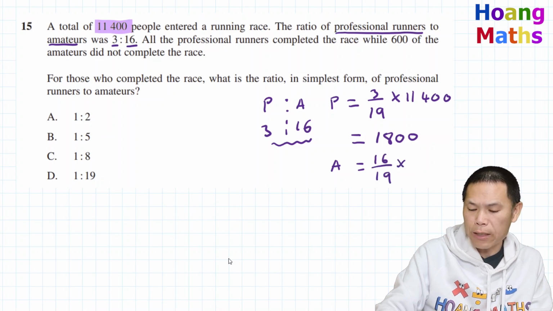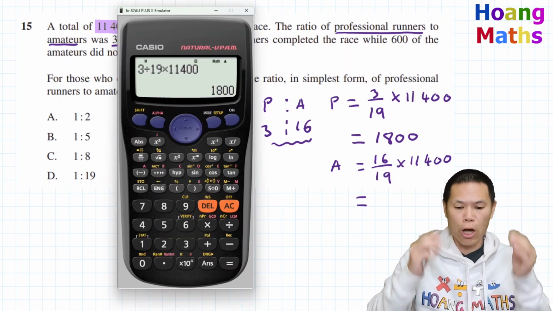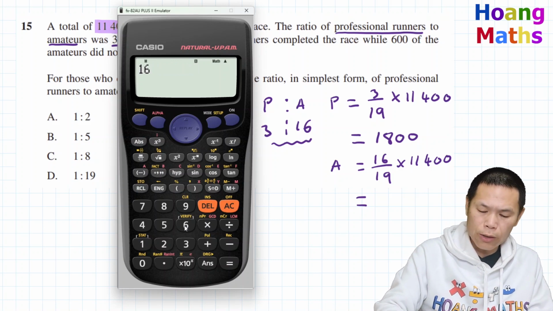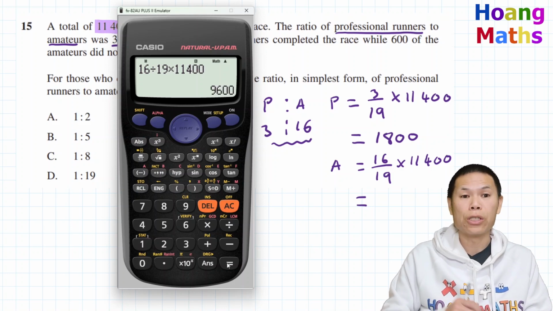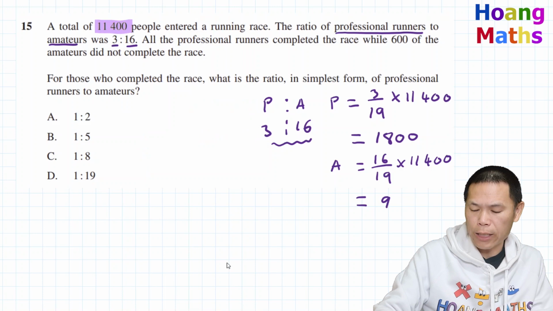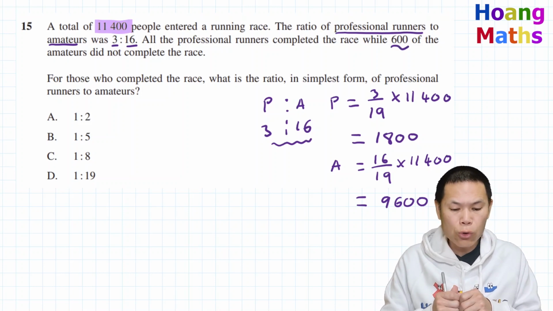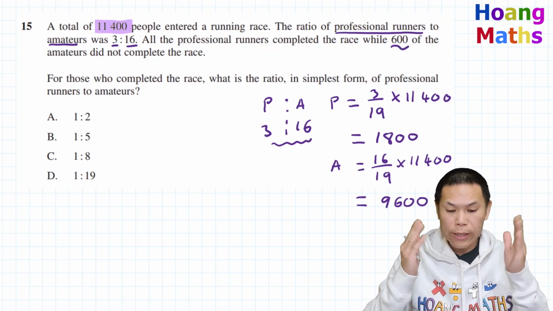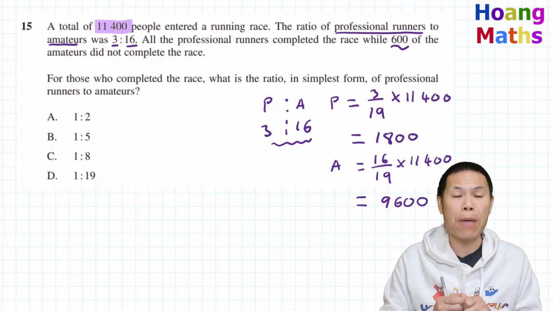And for A, amateurs, that means 16 out of 19, and we times by 11,400. I just put it on a calculator: 16 divided by 19 times 11,400. So 9,600. So there you go. The question is, for those who complete the race, what is the ratio in simplest form of professional runners to amateurs?